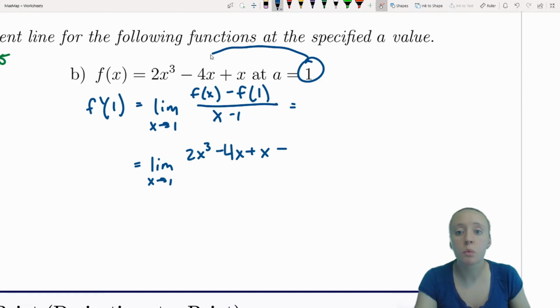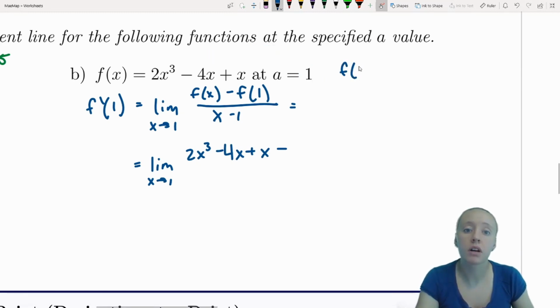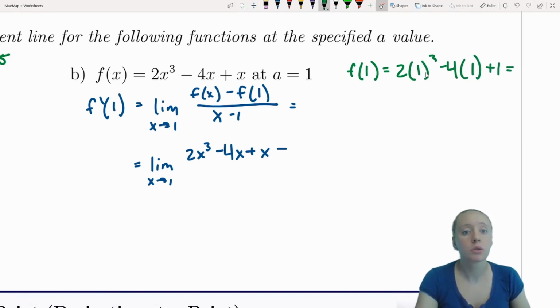If I plug 1 into this equation, f of 1, let me do this in a different color so you can see that I'm finding my point value, or my function value, at a equals 1. f of 1 is equal to 2 times 1 cubed minus 4 times 1 plus 1. 2 times 1 cubed is 2, minus 4 plus 1 is going to leave me with a negative 1.